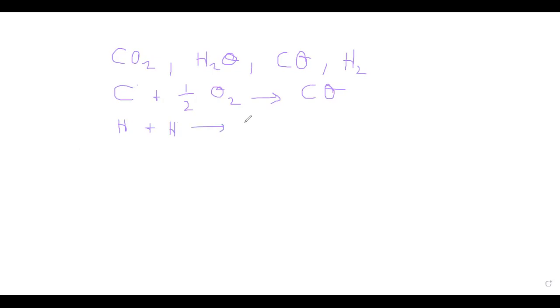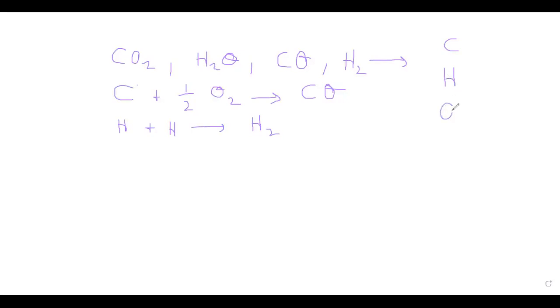Now, to be able to determine the quantity of products, we need always to go back to the principle of conservation of mass. So here, what are the elements that we have? We have carbon, we have hydrogen, and we have also oxygen and air.